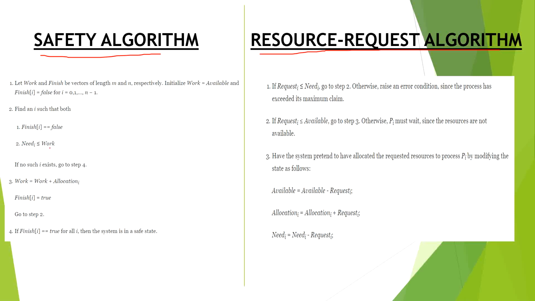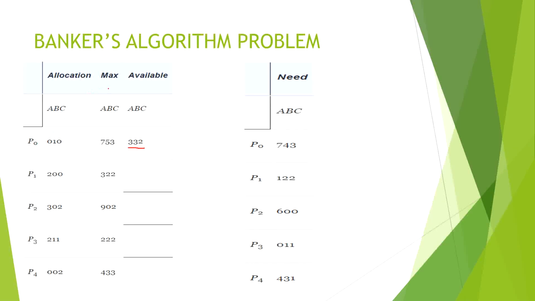Now comes the second type of array, which is the need array. The need array stores how many resources a process needs at any instant of time. It will not be given in the question, so we have to calculate it. For calculating the need array we require two additional arrays, max and allocation.